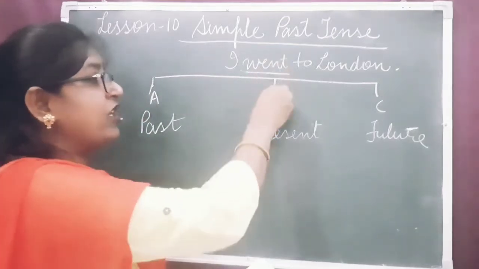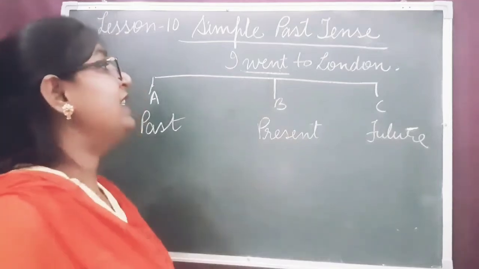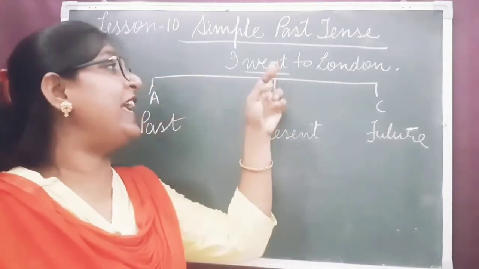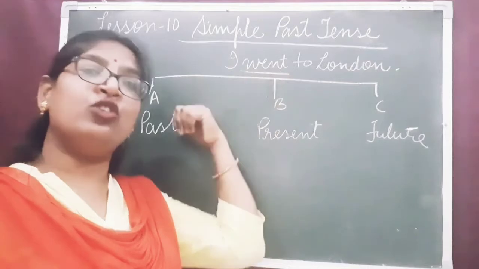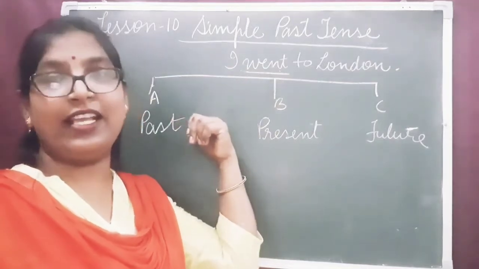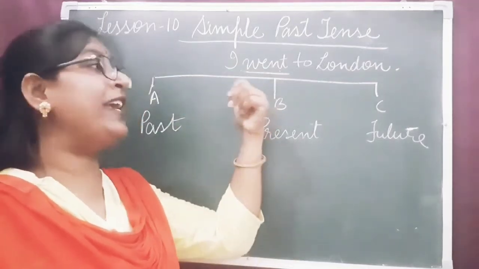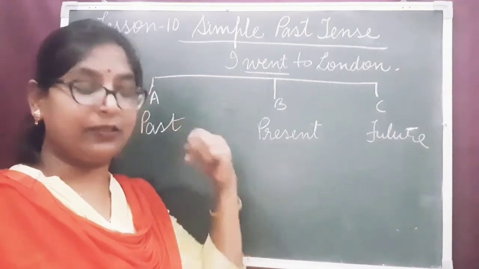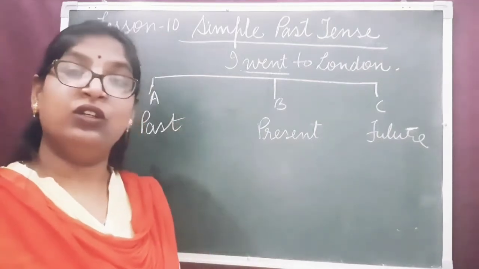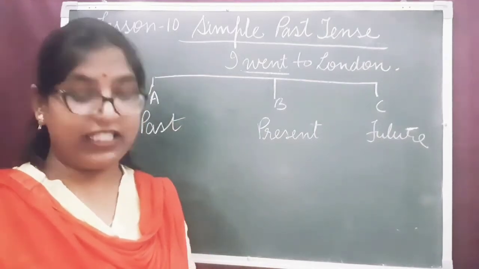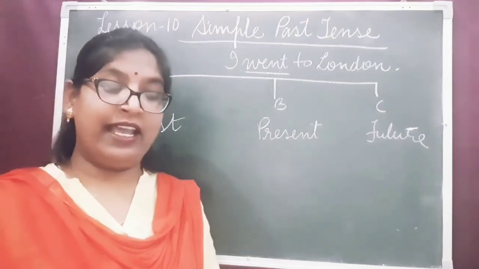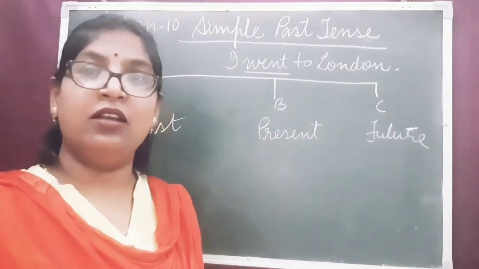Now we are talking in the present. I went to London means the action of going to London took place sometime earlier, in the past. So past tense always indicates an action completed in the past.